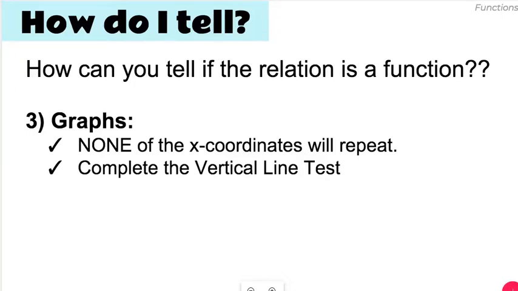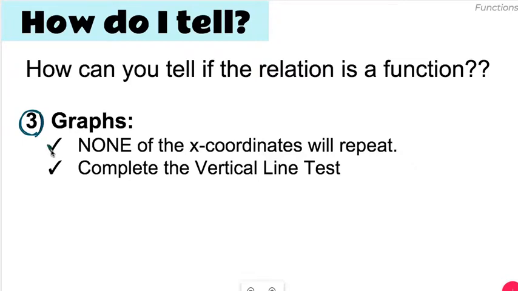Number 3, graphs. So if you have a graph, you might have points that are graphed. You might have a line that's graphed, a curve. So you're given some sort of graph. How can you tell if the relation is a function?